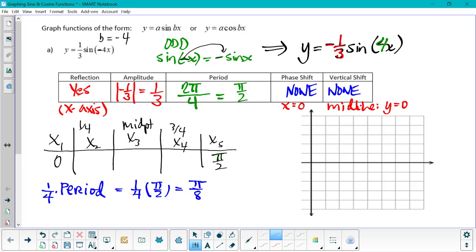So then I can simply just add going across to get the next x value. So if I take 0 and add pi over 8, I get pi over 8. And then I add pi over 8, I get 1 pi over 8 plus 1 pi over 8 is 2 pi over 8, which we should reduce to pi over 4.